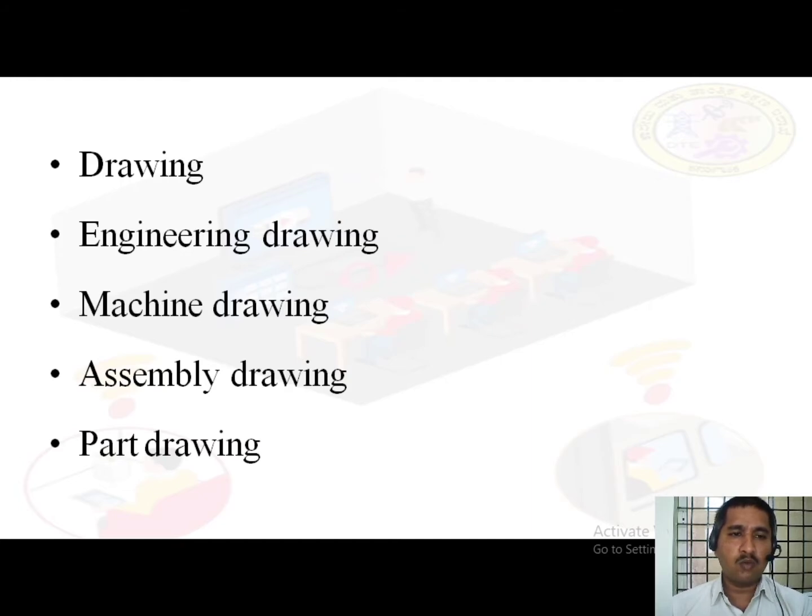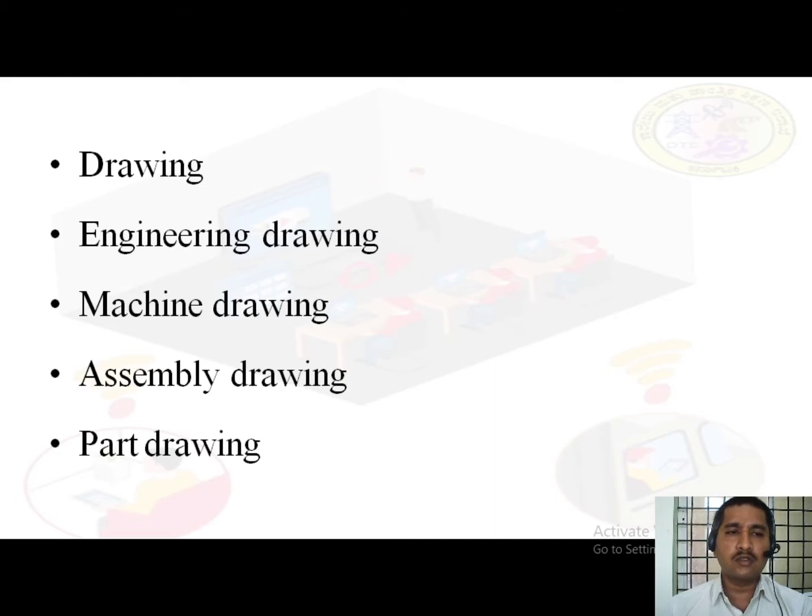So here, what is drawing? Generally, drawing means the representation of an object by systematic lines. Next, what is engineering drawing? An engineering drawing is a type of technical drawing that is used to convey information about an object.